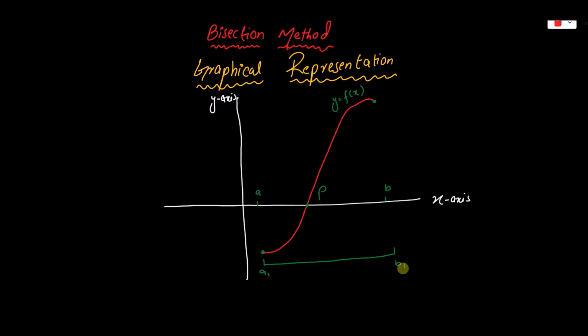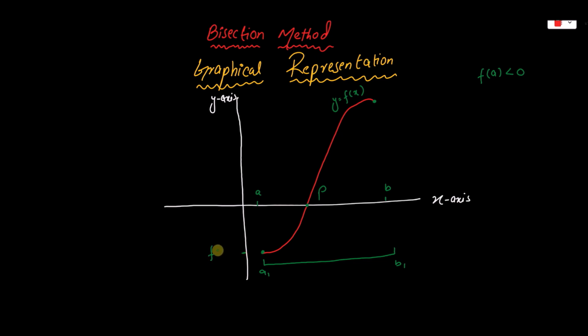The method begins with two points A1 and B1 such that the function has opposite signs at these points. Suppose if we put point A into our function, it gives us a value less than 0, which means the value is negative and the function is below the x-axis. So it is somewhere here.